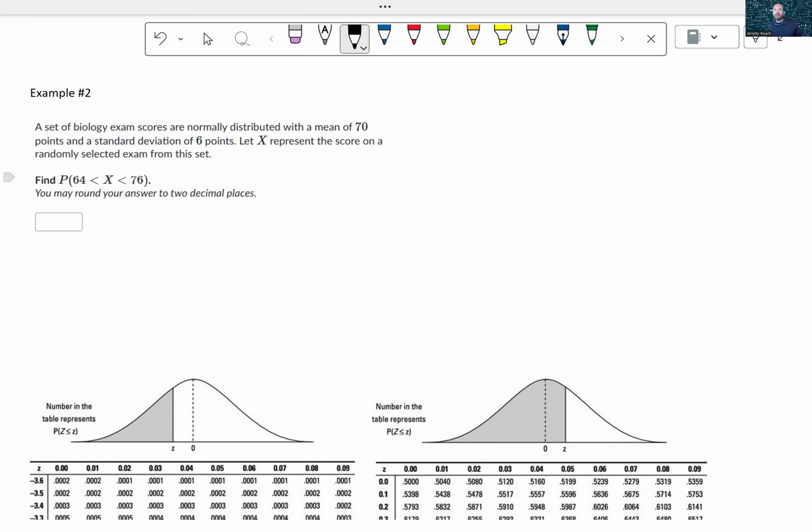So we want to find the probability of that occurring. So we're going to compute the z-scores of both values, for 64 and for x equals 76.